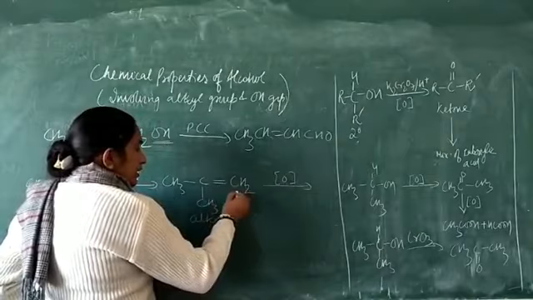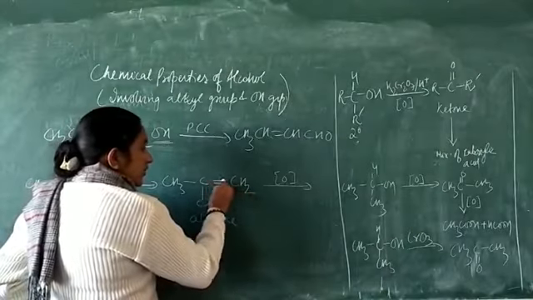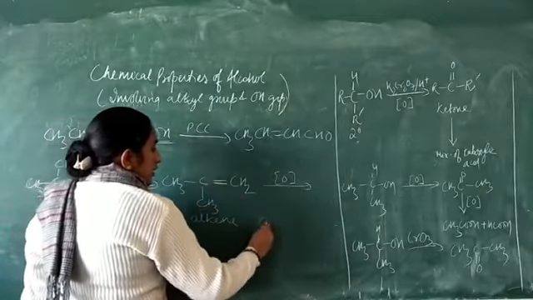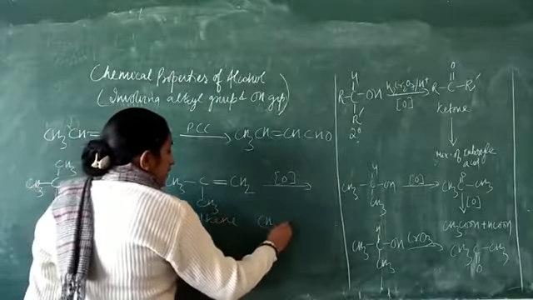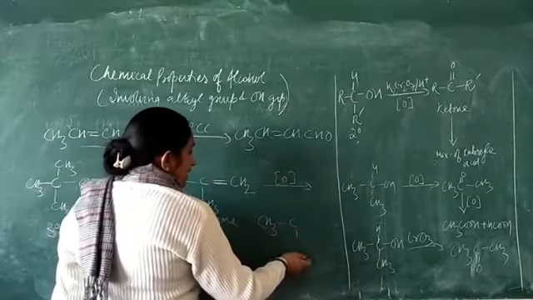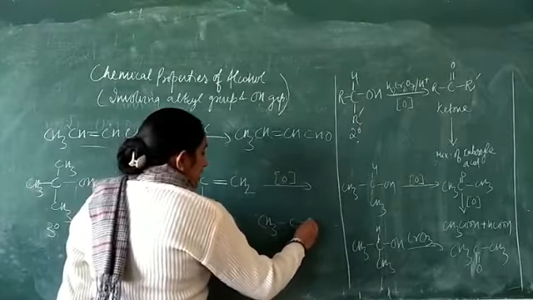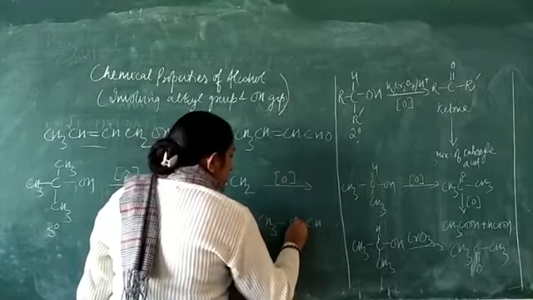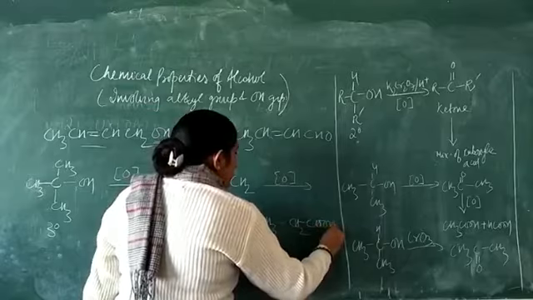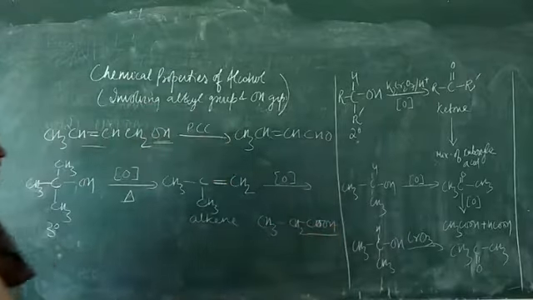Since it includes unsaturation here, the different possible oxidation which can take place here is CH3, CH2, COOH.